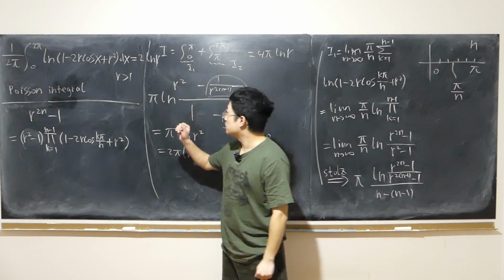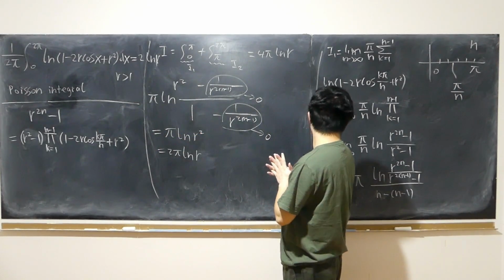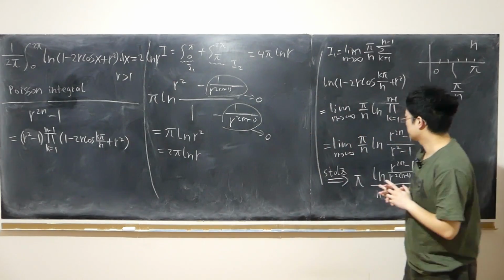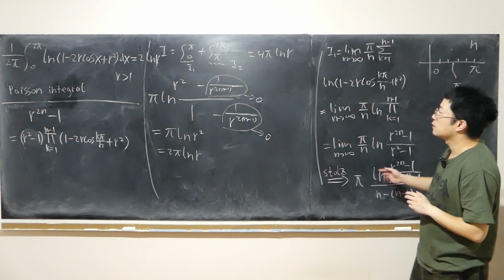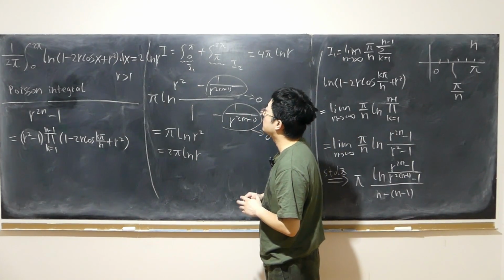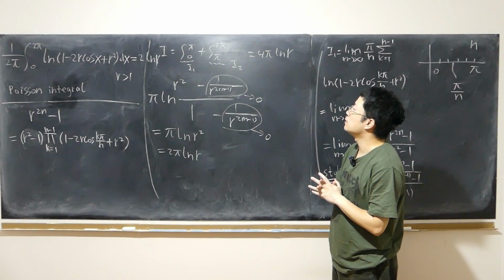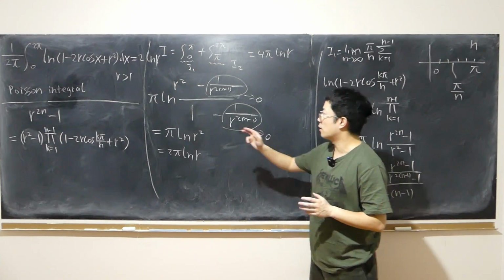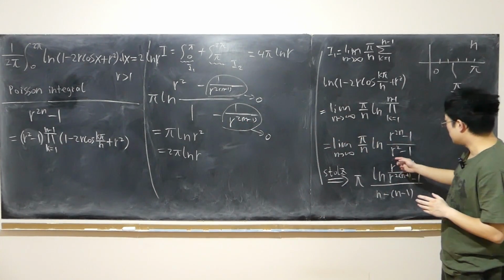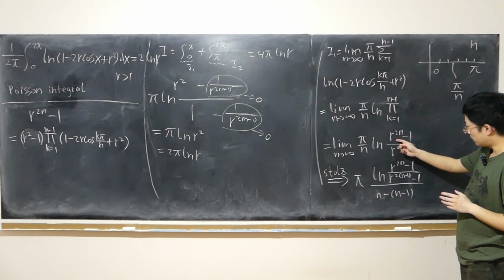Now when r is smaller than -1, I think it's also doable. So this will also approach the same, except we have to put an absolute value out here. So when r is bigger than -1 and smaller than 1, in other words r absolute value is smaller than 1, in that case we can easily work out this limit because the base is absolute value less than 1.